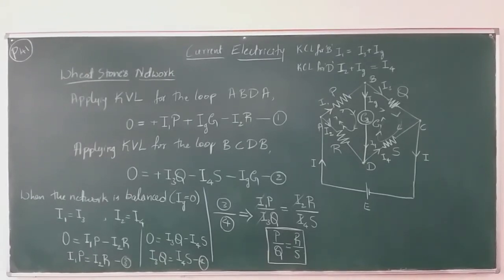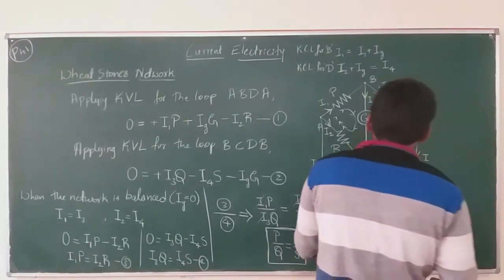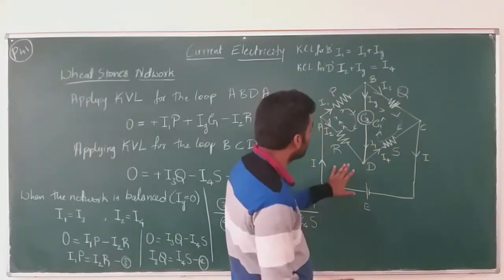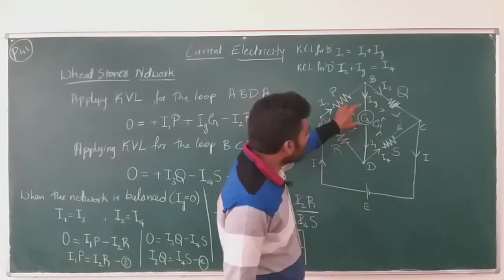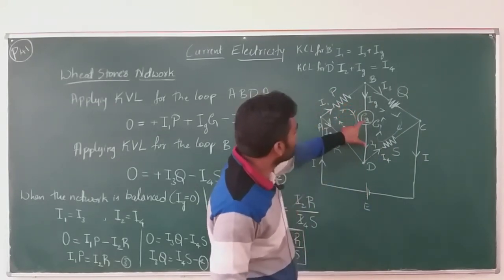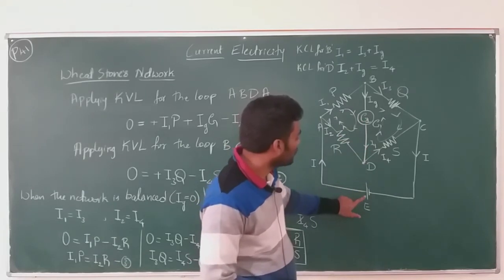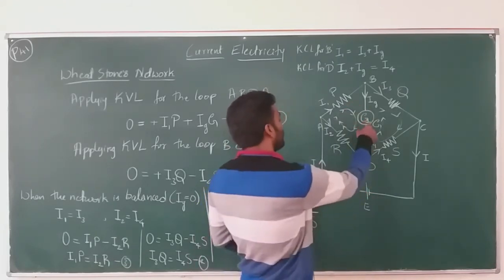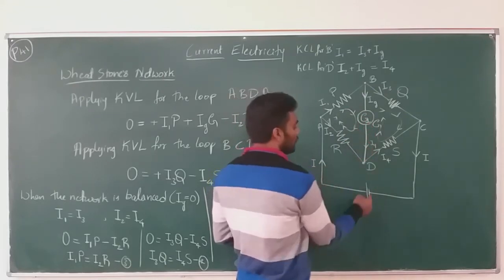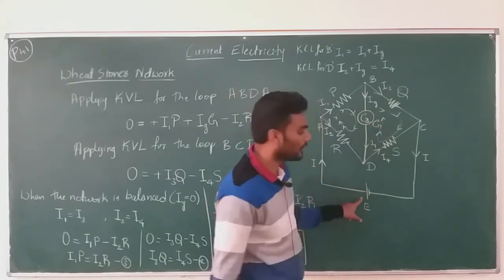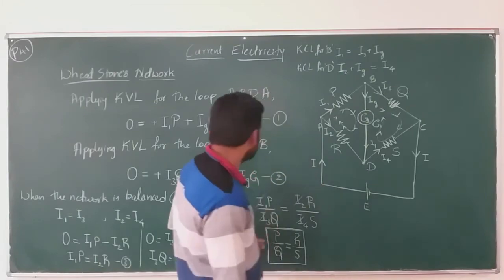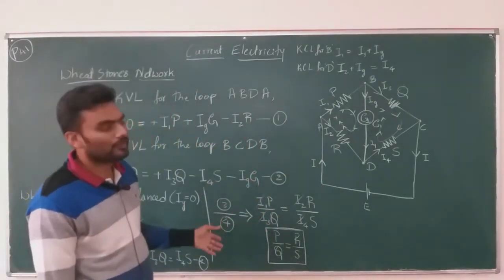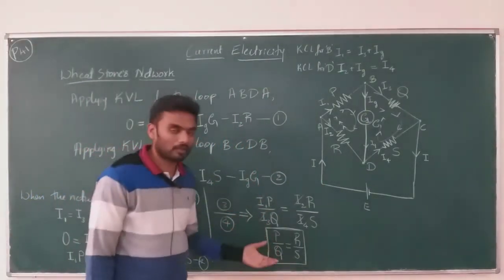And another extra point after the derivation is as follows. If you replace the galvanometer and the cell, which means you put the cell in the place of the galvanometer and the galvanometer in the place of the cell, then will the condition of balancing change or not?